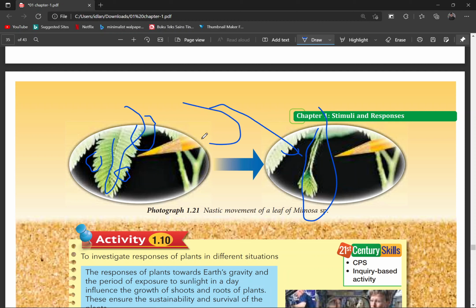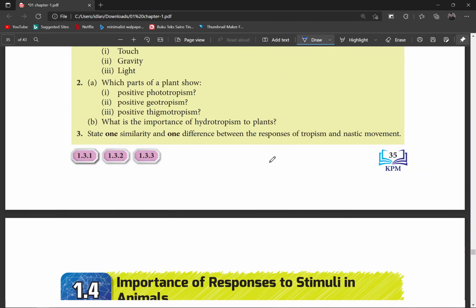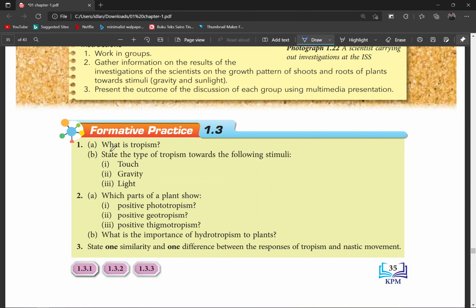Takkan tiba-tiba lipat macam ni pula. Lipat dua macam ni, tak ada. You know what I mean kan? Macam dia lipat melintang ke, lipat menegak kan, tak ada. It will look this exact same way. Okay? What is tropism? Tropism is a response of plant towards stimulus in a fixed direction.